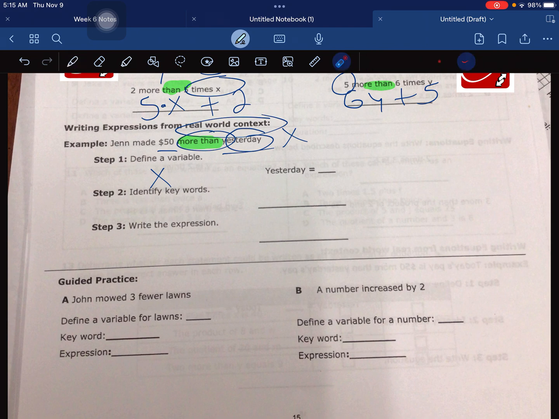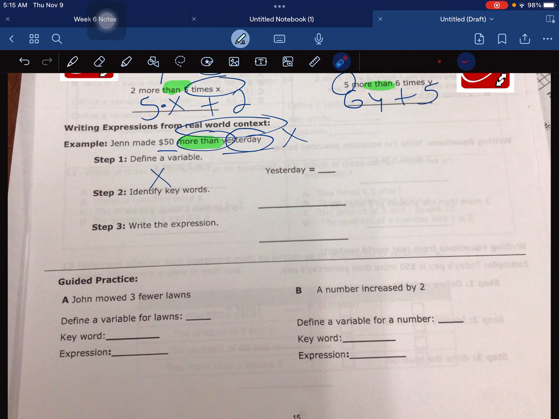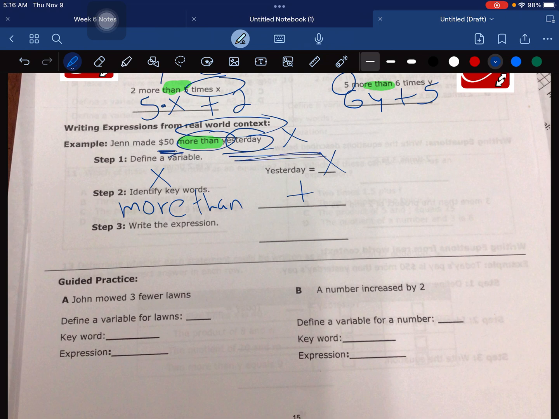Identify keywords. What do you think we're going to do, chicos? Are we going to add, subtract, multiply, or divide? Well, more than would have to be our keywords. And write the expression. So we have X, and we're going to add. Because it says more than, this goes first, not the 50.